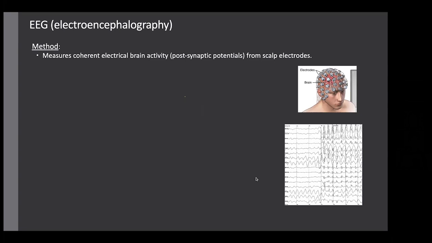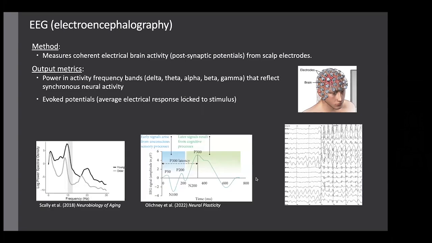And here's just an example. Oh, sorry, this is so small. An example of an EEG trace. Each line represents a different electrode, and you can see these rhythmic oscillations that are coming from the brain. EEG outputs various different metrics that can be of interest to us. You can measure power in different frequency bands.